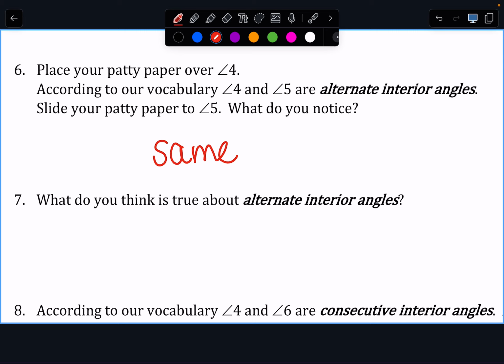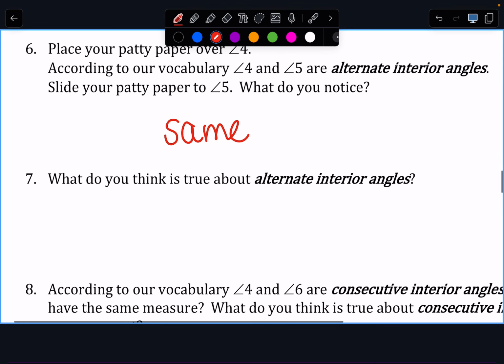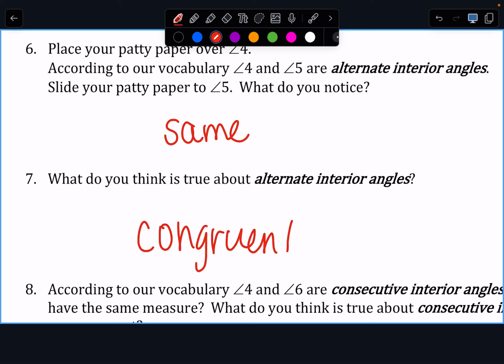So we could do this with all of our angles. For alternate interior, alternate interior angles are going to be congruent when we have parallel lines.